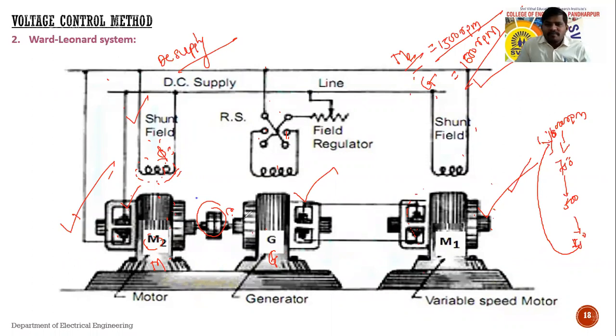What is the principle of generator? Working principle of generator? Field winding of generator, it is also excited. जनरेटरची फील्ड वाइंडिंग एक्साइट केली आहे. जनरेटरला ऍज अ इनपुट म्हणजे मेकॅनिकल इनपुट दिलेलं आहे.